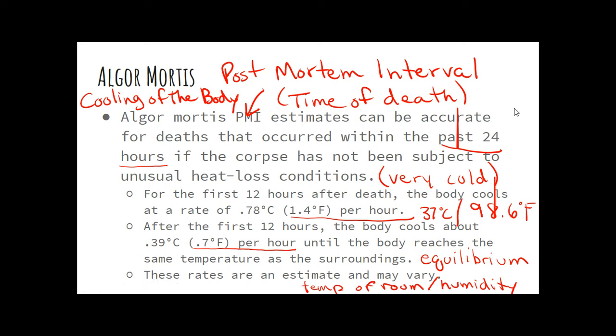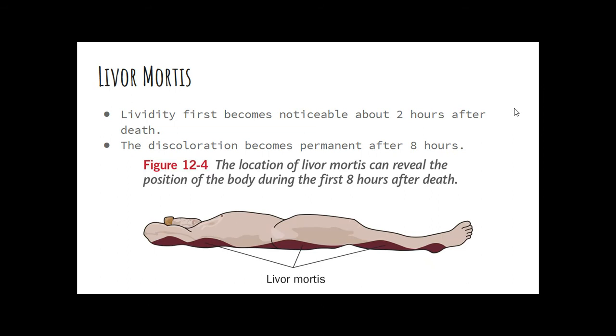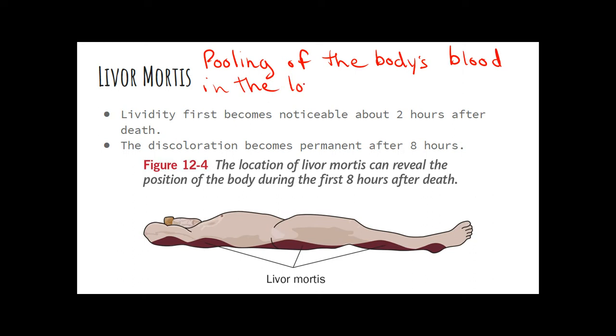Our next mortis is about the pooling of the body's blood at the lowest point. So livor mortis is the pooling of the body's blood in the lowest points of the body.